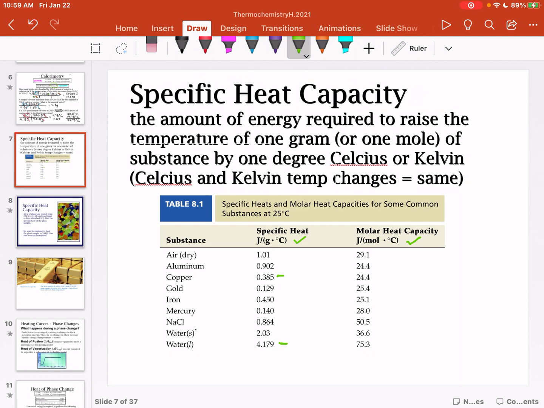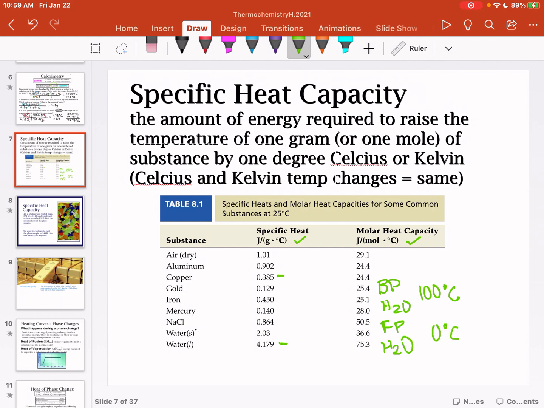Now I want to take a moment and talk to you about a delta T in Celsius and a delta T in Kelvin. And I just want to prove to you something for just a moment. If we consider the boiling point of water, and I'm pretty sure that we know what it is, it is 100 degrees Celsius. And if I want to consider the freezing point of water, what we know is it's 0 degrees Celsius.